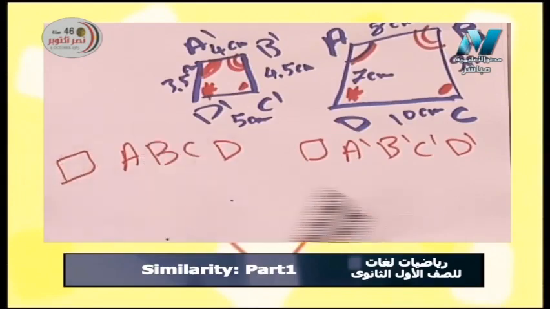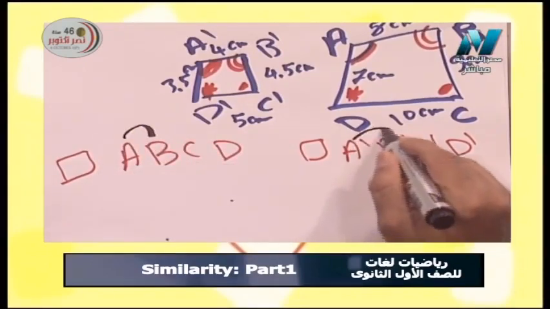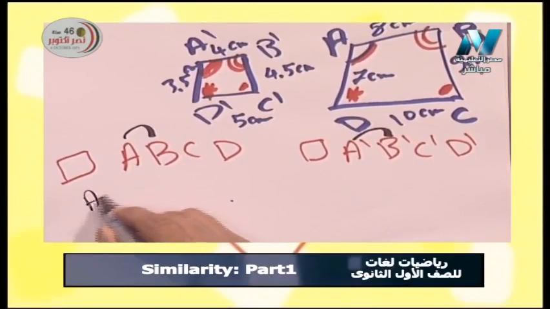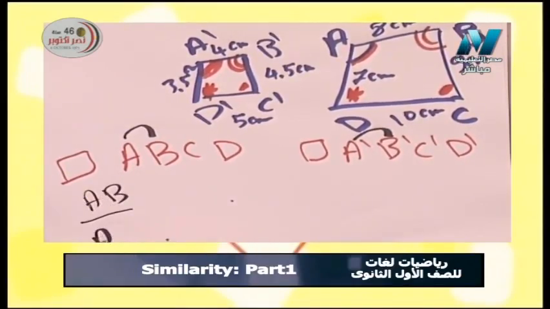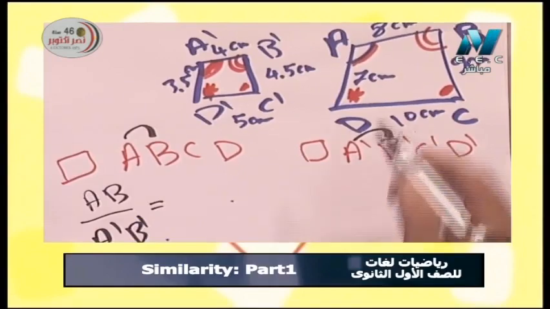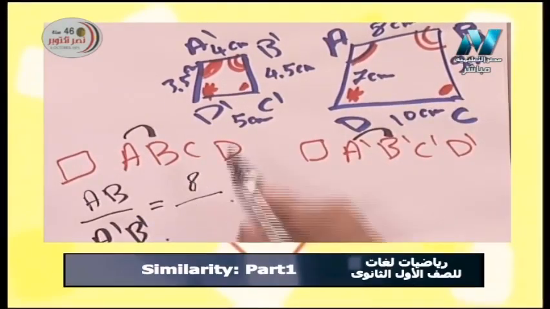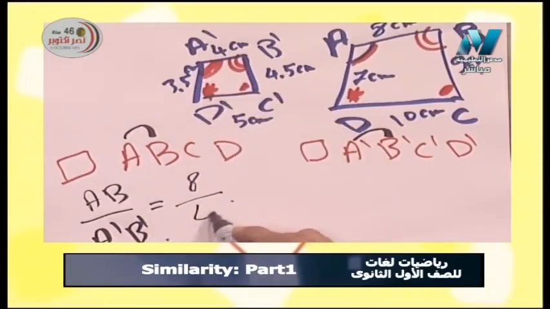Let's find AB over A dash B dash. AB equals 8, divided by A dash B dash, which equals 4, so the answer equals 2.